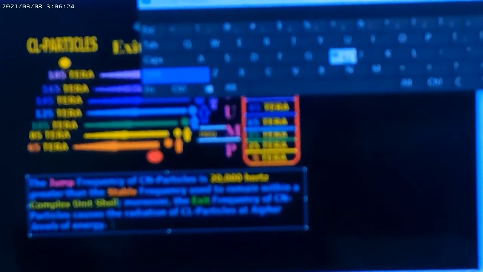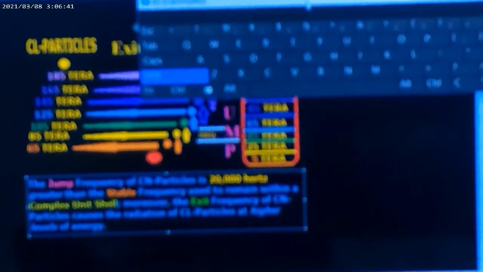Yeah, it kind of doesn't cover these numbers, what those numbers mean. Thinking. So I guess the CL particles are 5, 25.